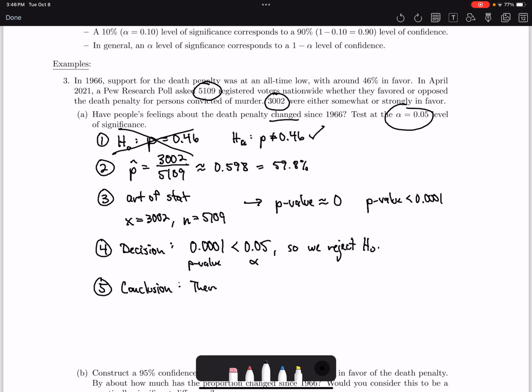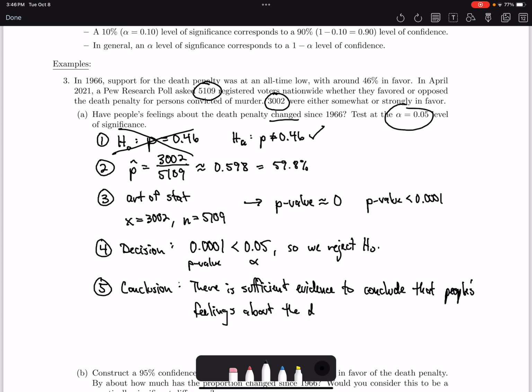There is sufficient evidence to conclude that people's feelings about the death penalty have changed.